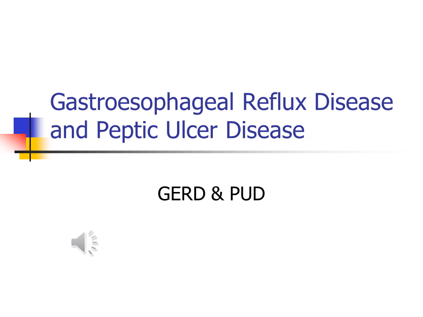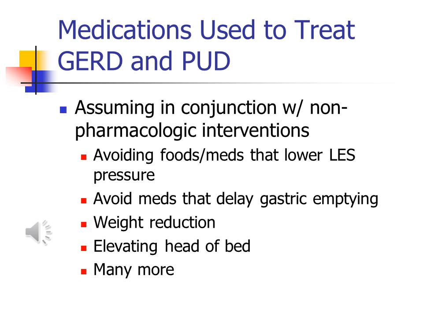We're now going to switch our focus to agents that we use to treat gastroesophageal reflux disease, or GERD, and peptic ulcer disease. Prescribing a medication for GERD or peptic ulcer disease assumes that it's also in conjunction with non-pharmacologic interventions.